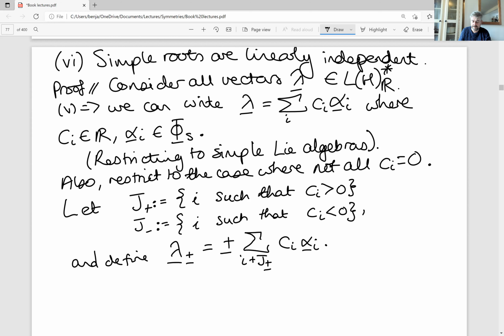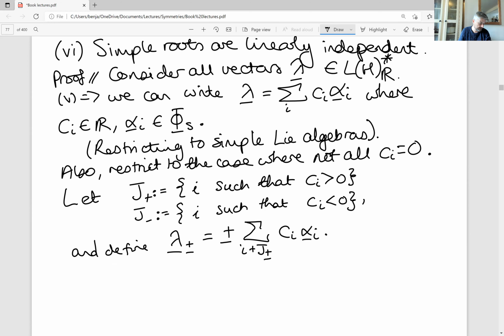Okay, so we have some positive coefficients, we have some negative ones, and we can see that this initial lambda is just lambda plus minus lambda minus.